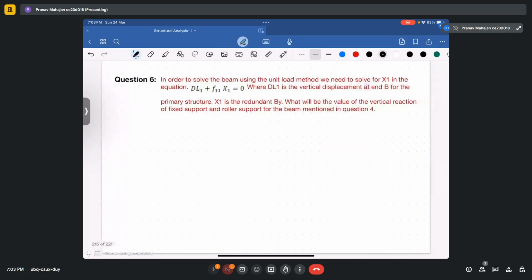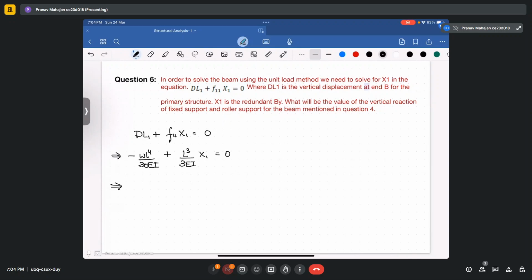Now in the next question, you are required to calculate the vertical reaction for the fixed support as well as for the roller support. It means you have to calculate the vertical reaction using the consistency equation. Your consistency equation given here is DL1 plus F11 H1 equal to 0, and your DL1 is equal to minus WL4 upon 30 EI, plus F11, which is L cube upon 3 EI, into H1 equal to 0.